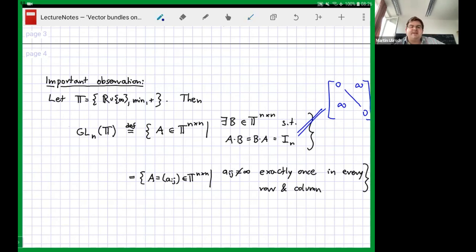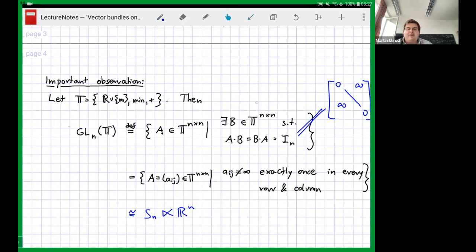And it's exactly this observation that lets us say the following: this group GL_n(T), the general linear group over the tropical numbers, is isomorphic to the symmetric group, because of permutation matrices, semi-direct product with the additive group R^n, meaning that you do a permutation matrix, and at the non-zero entries, you are allowed to add some real number to it. And that's exactly another way of describing this semi-direct product.